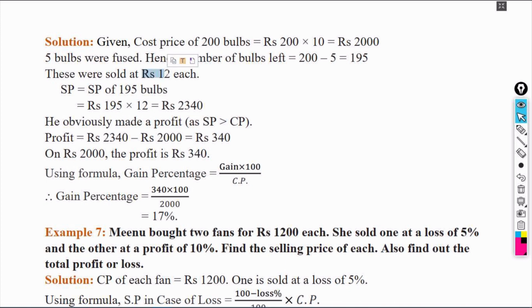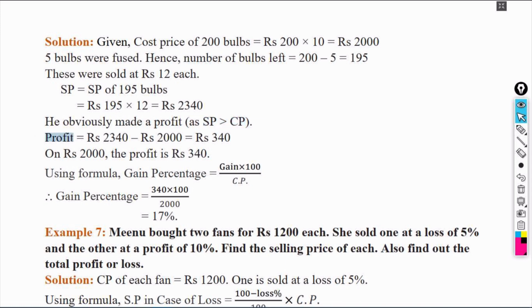Okay. Now here CP equals rupees 2000 and SP is rupees 2340. Then 2340 is more, that is SP is more than CP, then there is a profit.